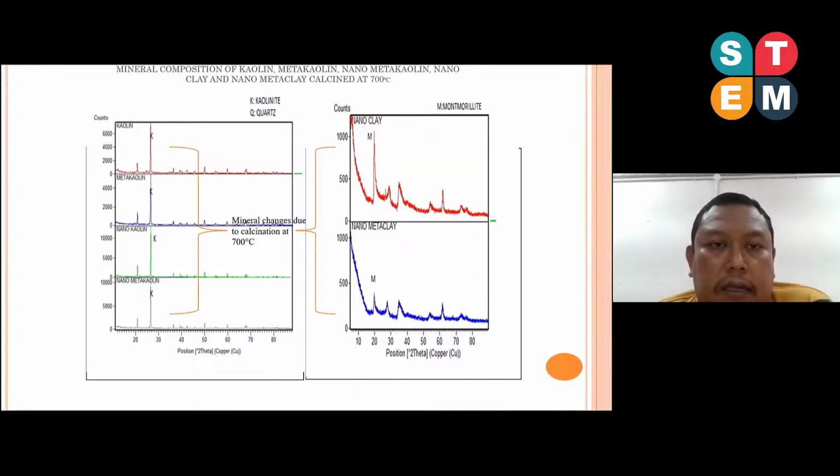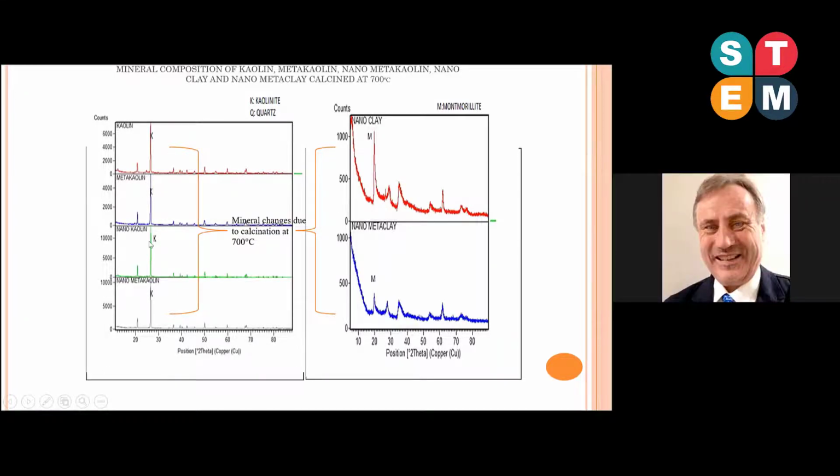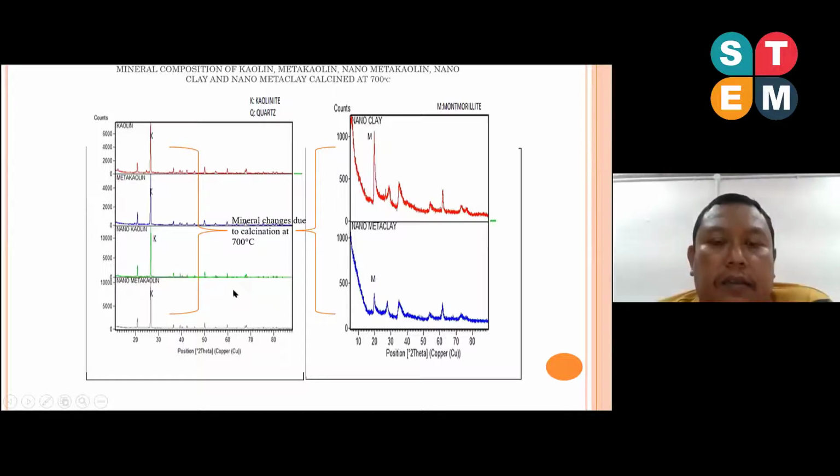Next, to confirm that elementary analysis, we did the test on the composition effect by using XRD, and as we can see here, this is the data tabulated by XRD on the elementary process from kaolin, metakaolin, nanokaolin, and also nanometakaolin. On the right of the screen, this represents nanoclay to nanometaclay.